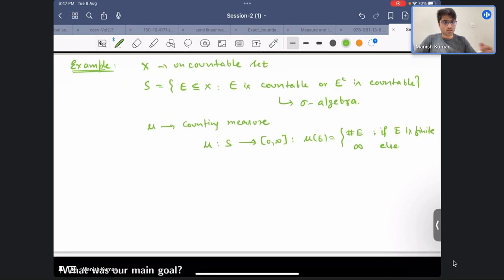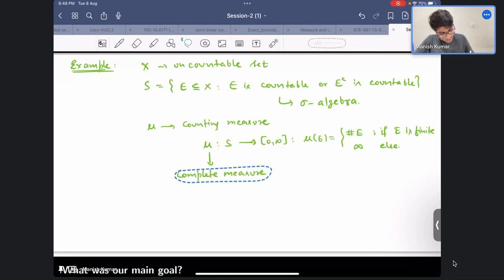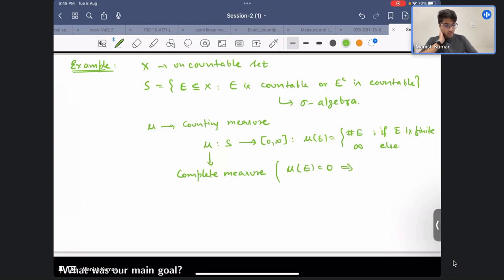Now by the definition itself it seems that this mu is complete. Can anyone tell me how this is complete? I am saying that this is a complete measure. This is obvious, right? Just tell me this: if mu of E is equal to 0, what does this mean? By looking at this definition, E is empty, right?